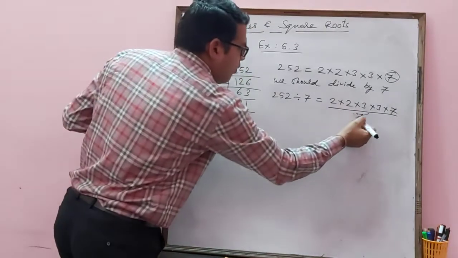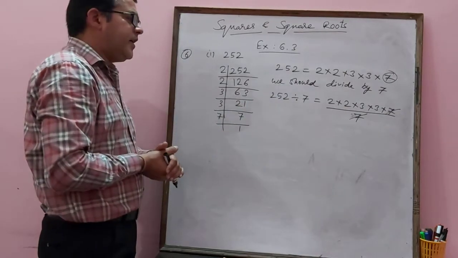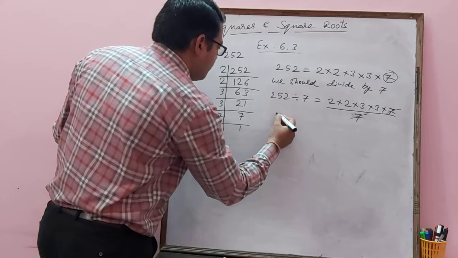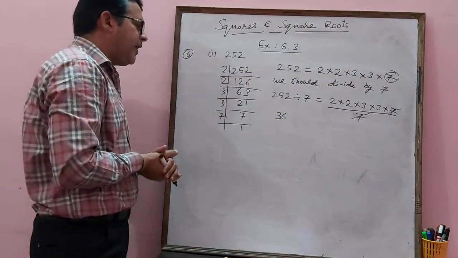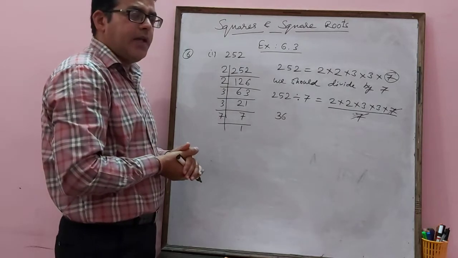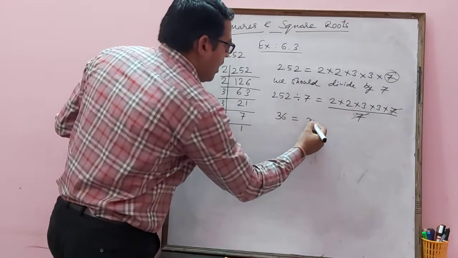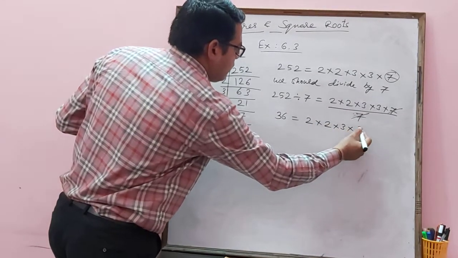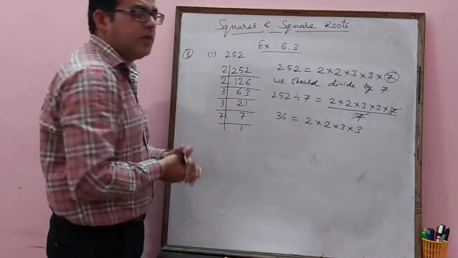So we can remove this 7 by this 7. What will come here? 36 we have after dividing 252 by 7. And now the factors of 36 are 2 into 2 into 3 into 3. You can also check it: 3 3s are 9, 9 2s are 18, 18 2s are 36.